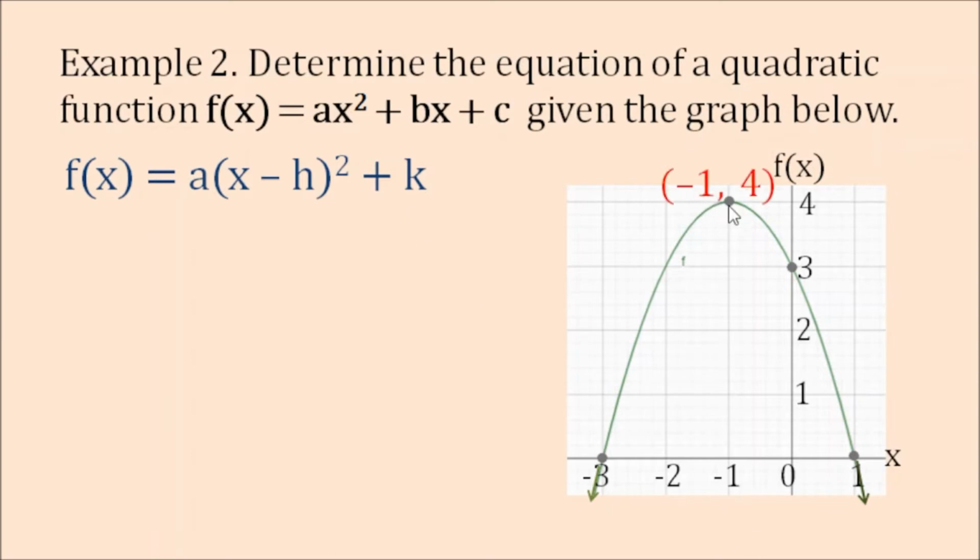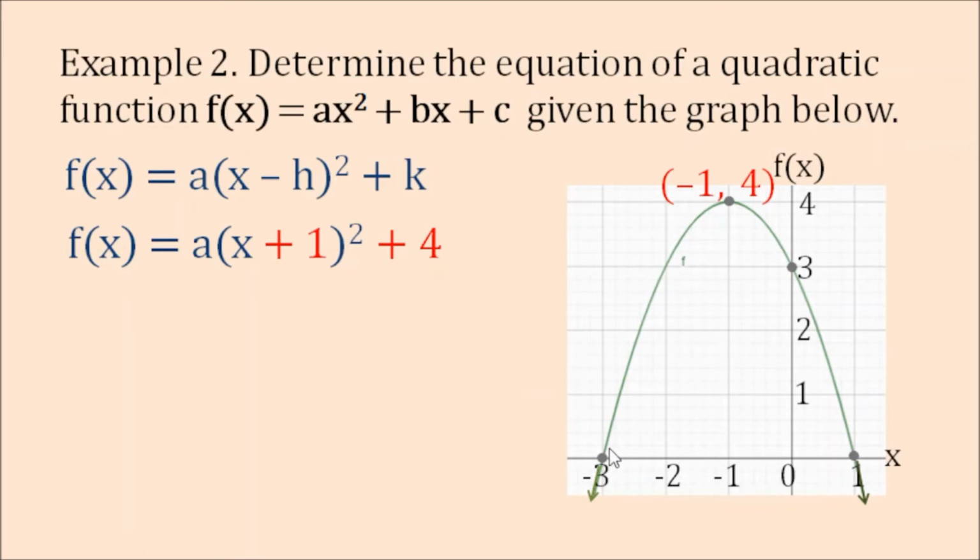So the vertex here has the coordinates -1 and 4. Now substituting h with -1 and k with 4, we have this equation. F of x equals a times the quantity x plus 1 squared plus 4.